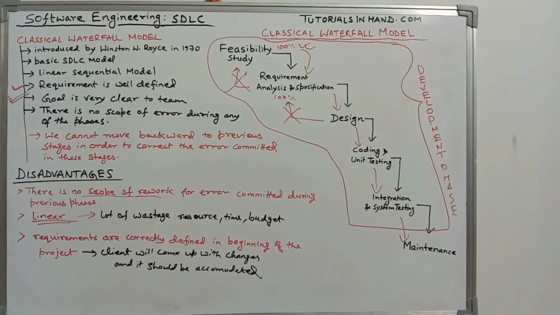The client can come up with changes and it should be accommodated whenever it comes. So this is another disadvantage, because in today's world the client gives you a basic requirement, you start the work, and then they keep working on their part and try to find out what other requirements, what other functionalities they need. They will inform that to you and you have to accommodate that in your subsequent phases.